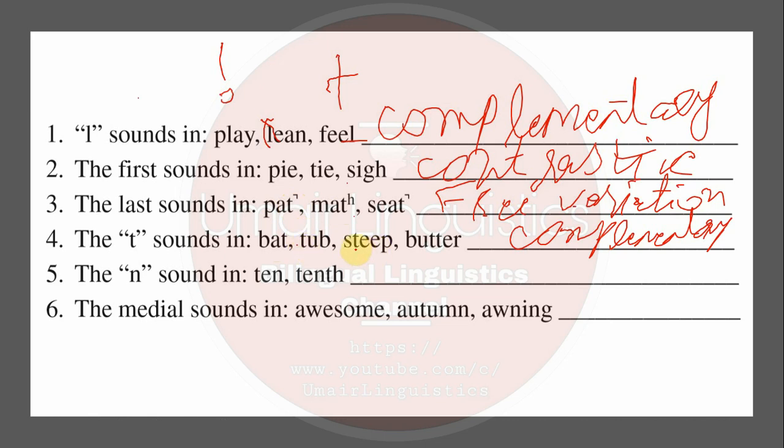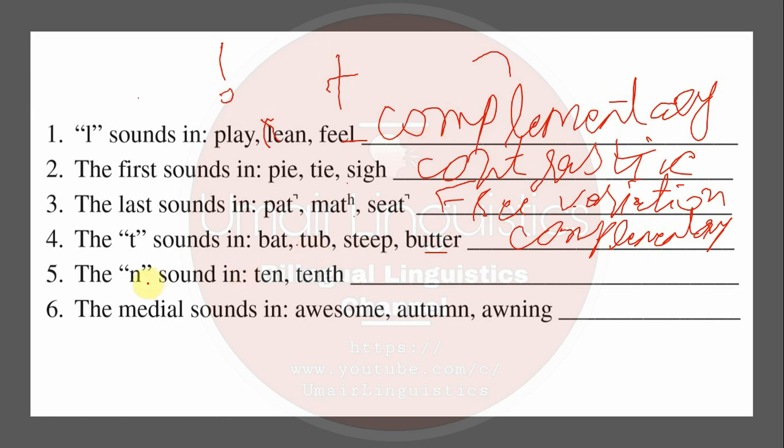When th precedes a fricative like s, it does not have as much power. The th has a more powerful puff at the beginning, but not just after a fricative. And in butter, usually the speaker pronounces it like an alveolar tap, butter. So once again, these th sounds in all these words are restricted to some environments, so this is complementary distribution.